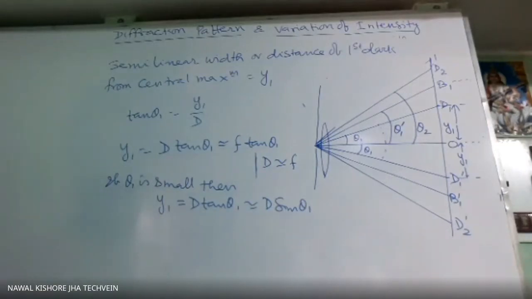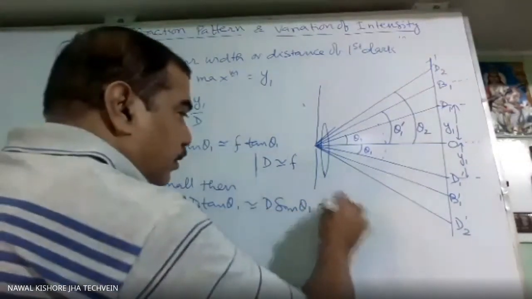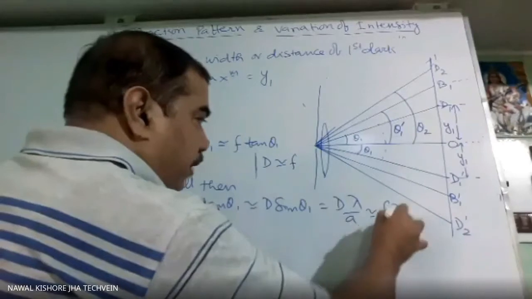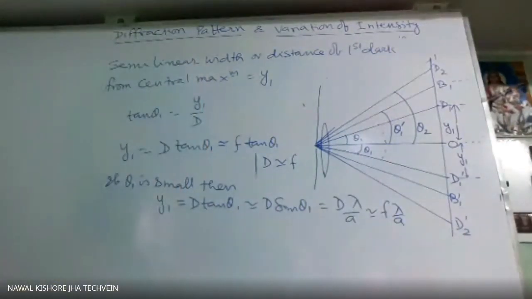What is that? Lambda over a, or approximately f lambda over a. This is our semi-linear width.